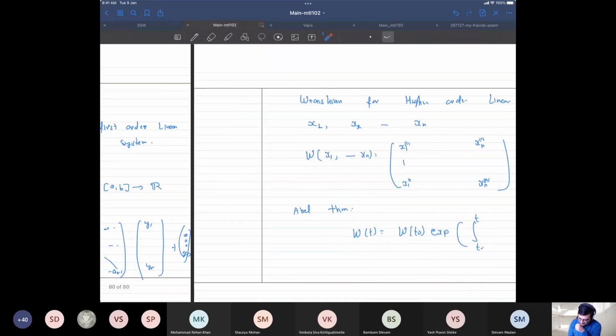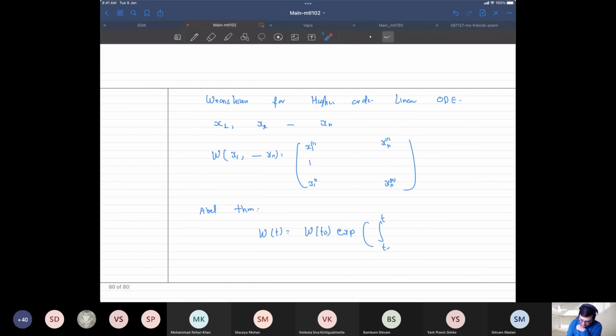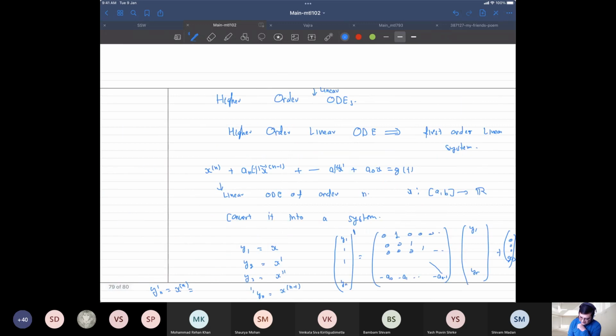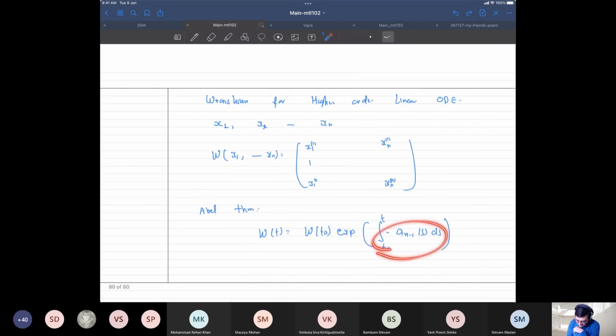Okay, so what you get is minus the integral of a n minus 1 of s ds. And this is this term, the negative of this term, so I should write a here, the negative of this coefficient. Okay, so only this thing comes.